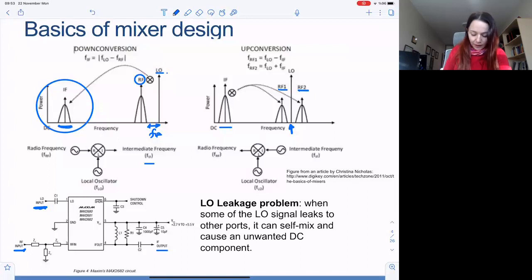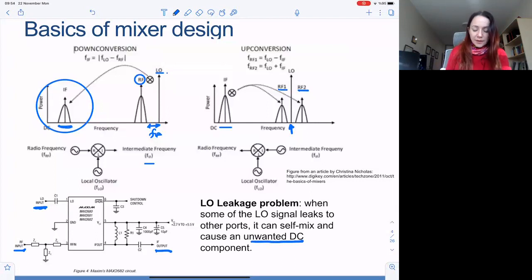Now, the main problem with local oscillators is local oscillator leakage. This local oscillator frequency leaks onto the IF output. If that happens, it's going to cause certain problems later on in the demodulation stages, because it can self-mix and cause unwanted DC components as well.